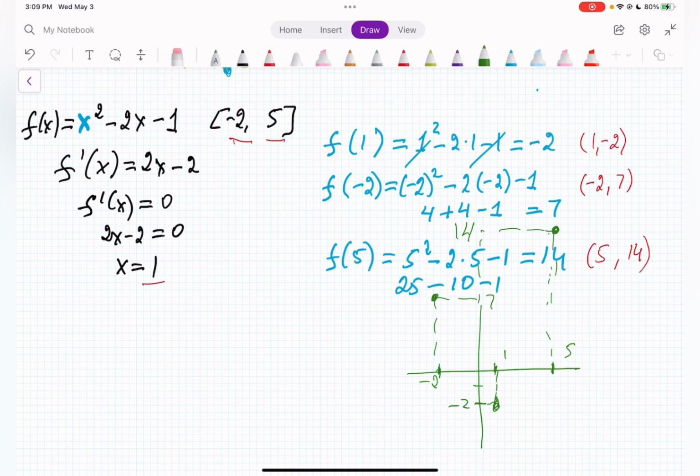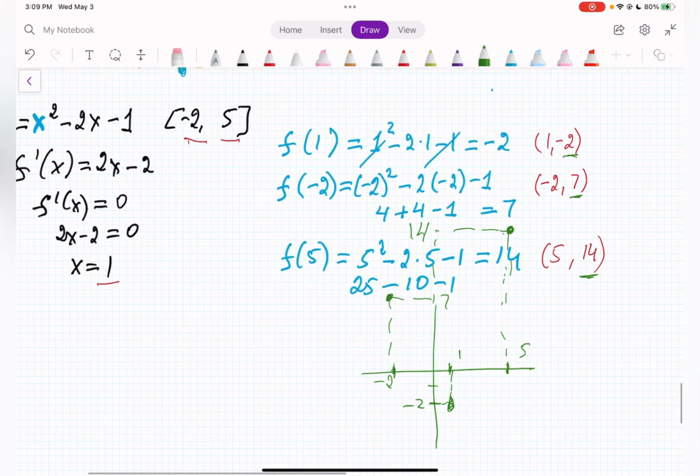Looking at these positions of y's, we can say that this point, 14, is going to be the maximum, right? This one doesn't play any role.